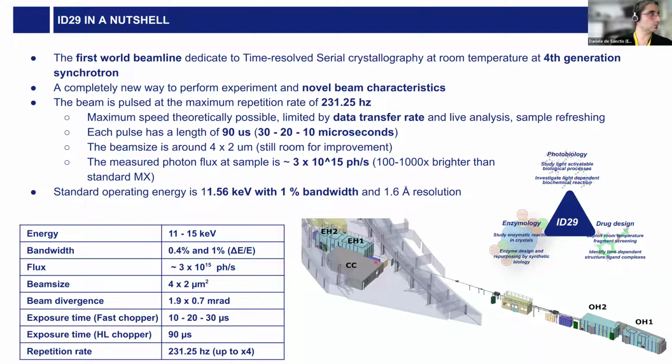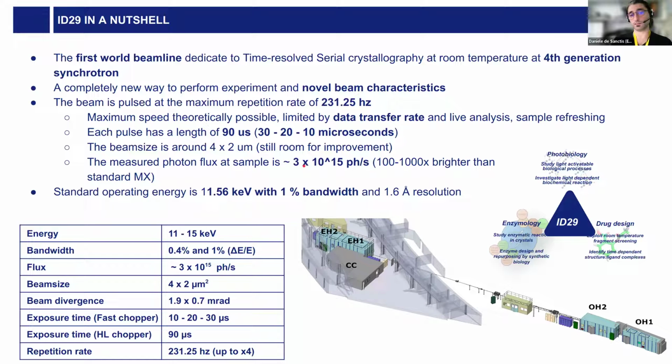So just to resume in a nutshell, with the new ID29, we have completely new beam characteristics that open the way to new kinds of experiments. We have pulsed beam operation at a repetition rate of 231 hertz. We operate with a pulse length of 90 microseconds, which can be trimmed down to 30, 20, and 10 microseconds by using the fast chopper.